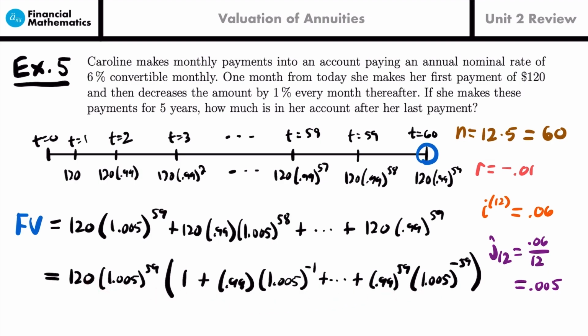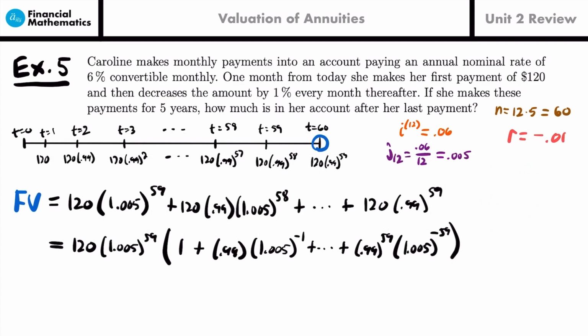Now what we want to do is rewrite the remaining terms as a geometric series. So how's that going to work? To maybe make it a little bit easier to see, I'm going to move these quantities with a negative exponent to the denominator of each of those terms. That way the power will be positive.